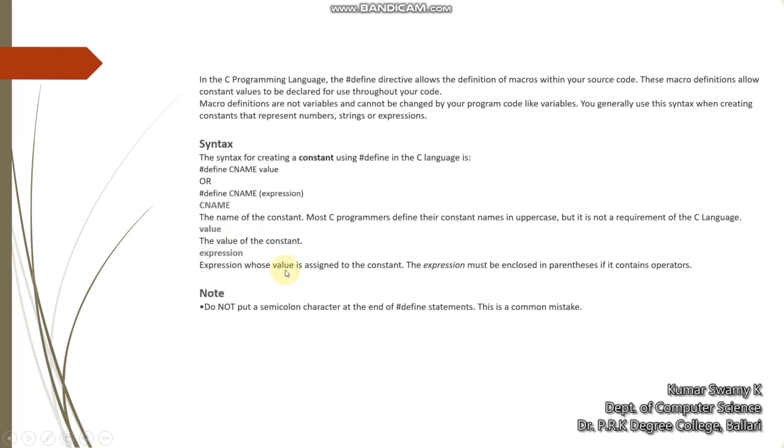A note to be remembered is that you should not put a semicolon at the end of the #define statement. This is quite a common mistake students commit when executing preprocessor programs.